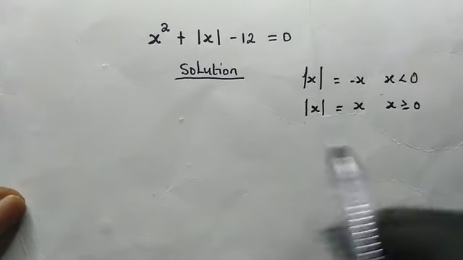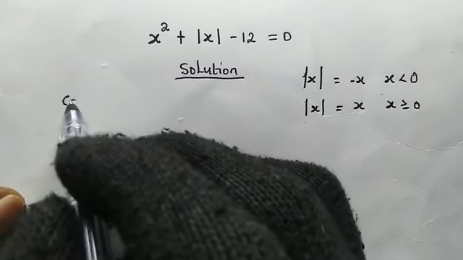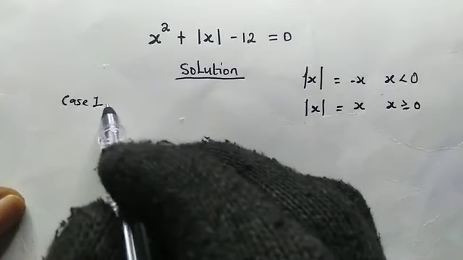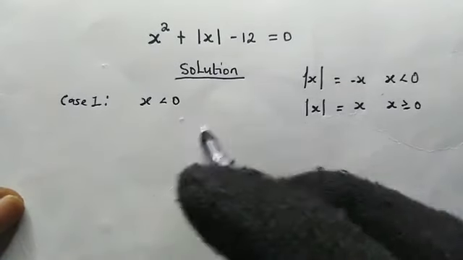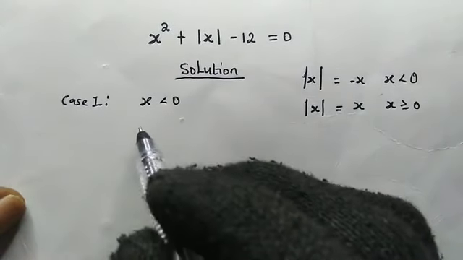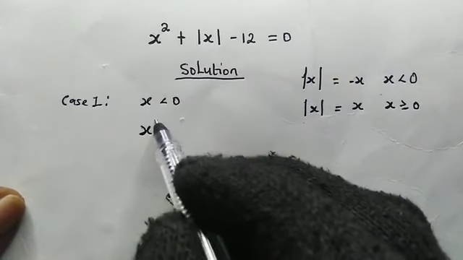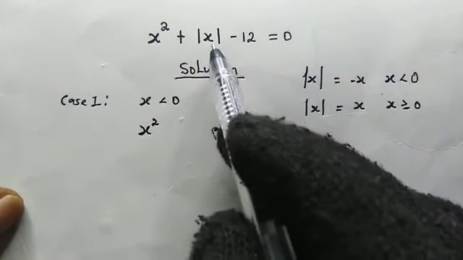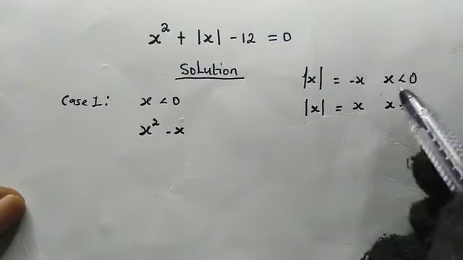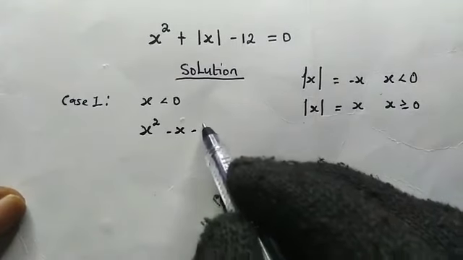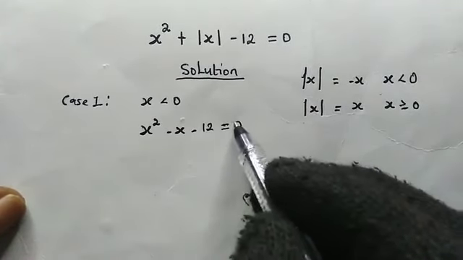Now with this idea, we shall be considering two cases. We have case 1, when x is less than 0. Then we shall have the following equation: x squared, then the absolute value of x here would be negative x since x is less than 0, then minus 12, equal to 0.